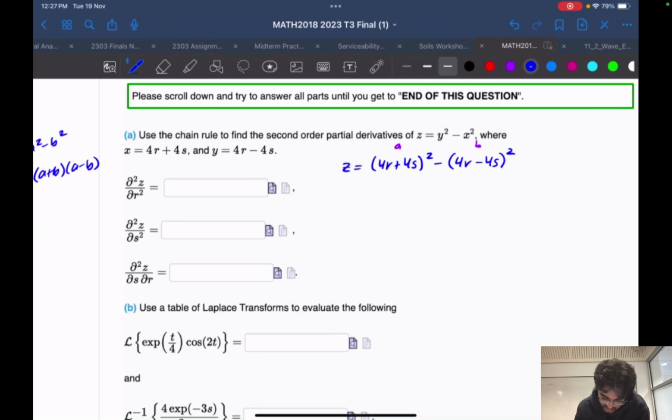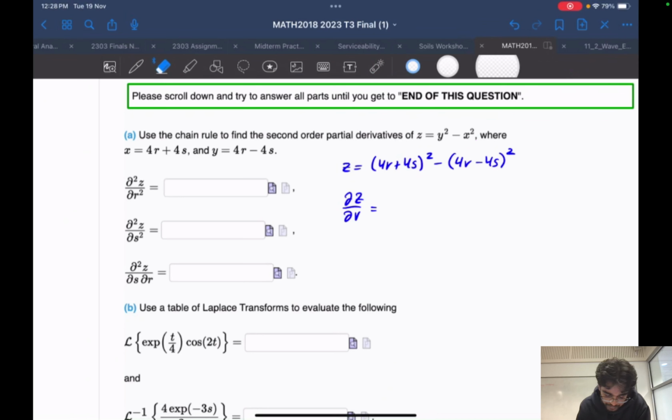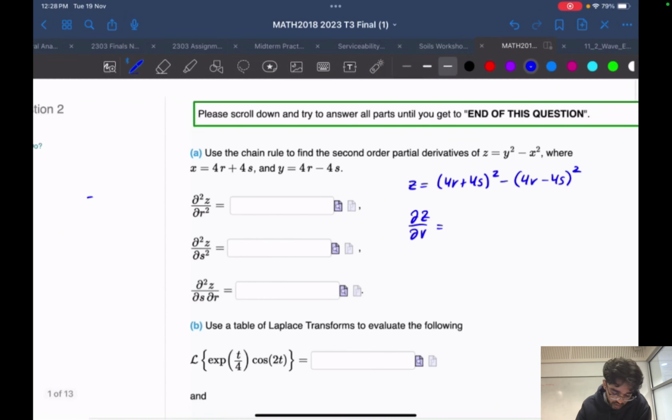Okay, so delta squared, first of all, delta z over delta r. I'm not going to do the difference of two squares rule, by the way. I'm just going to straight differentiate it. Since we're differentiating with respect to r, we don't really care about the 4s here, right? We can treat it like a constant, because you're dealing with a function of two variables.